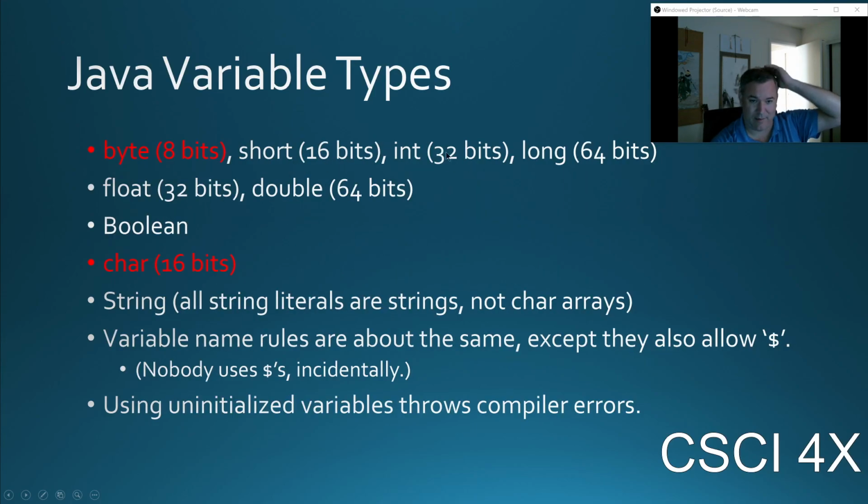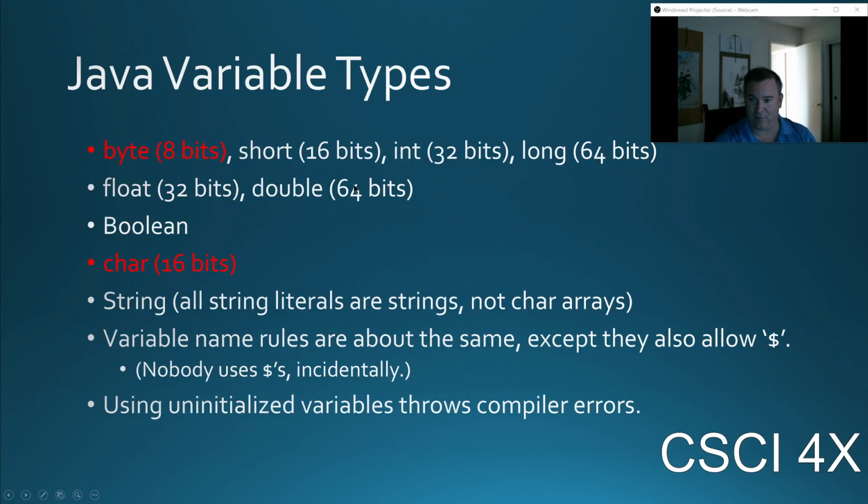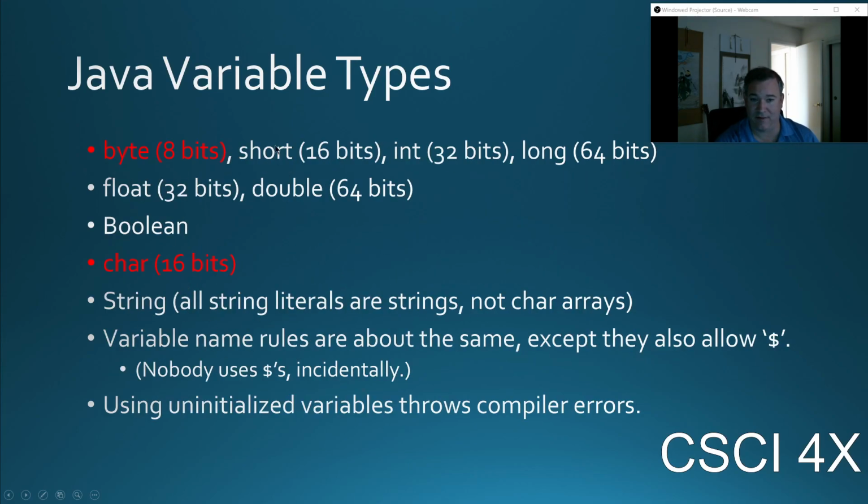So in addition to int, you have Integer. In addition to float, you have capital F Float, right? And these guys can convert to and from the primitive types automatically, basically. Integer bob equals 7, just fine. And the nice thing about having a class is that primitives don't have member functions, right? They're primitives. They're not classes.